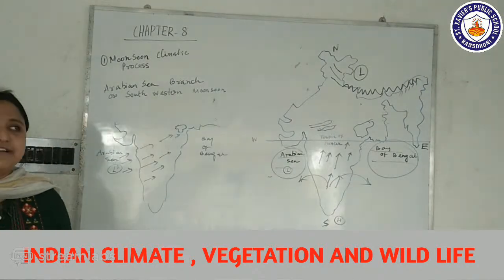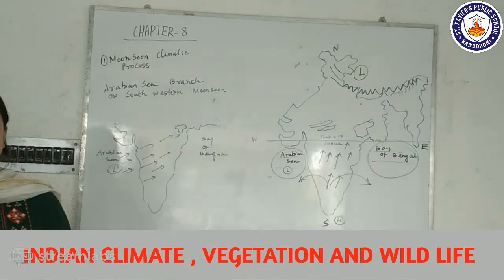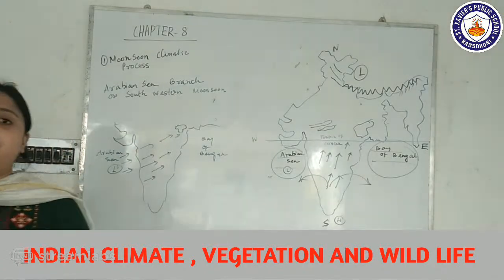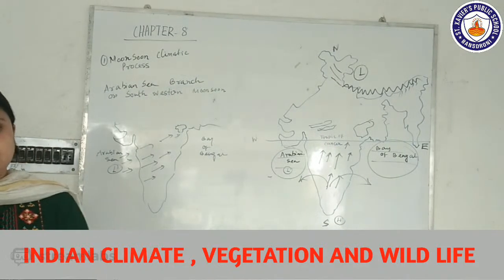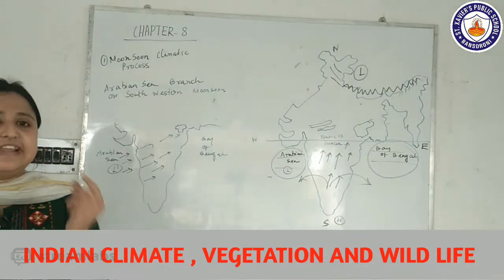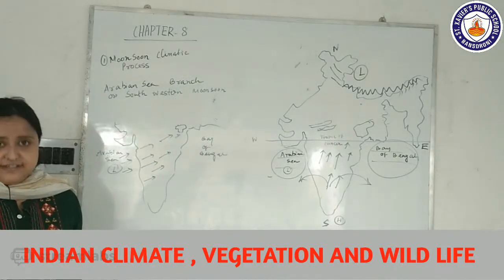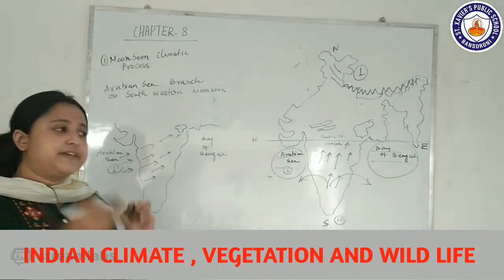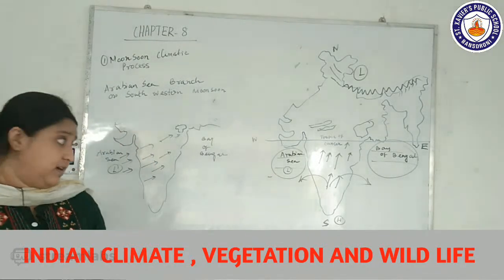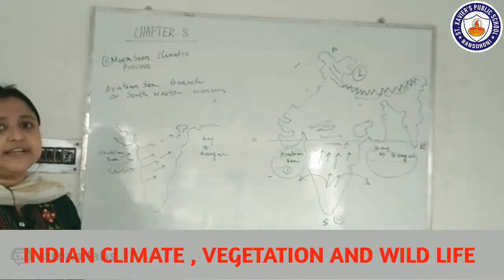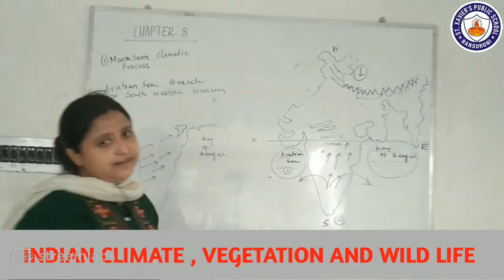And there is another place with a similar name, Mangalore, and Mangalore is a windward area. So Mangalore receives huge rainfall, but Bangalore receives very little rainfall because of the leeward side of the mountain region. Bangalore is situated on the leeward side of the mountain region, and on the other hand Mangalore is situated on the windward side.